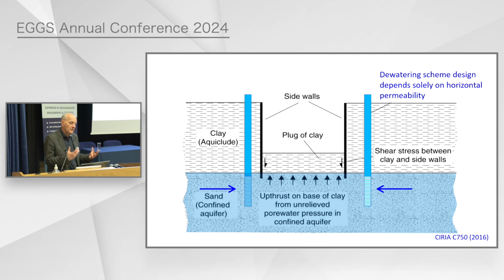Also, if you've got a pressure relief system, you've got this kind of situation. Here, you've solely got horizontal flow. You're not concerned with the vertical permeability of that aquifer. And a standard single well pumping test in a medium permeability aquifer will tell you all that you need to know to design that kind of system.